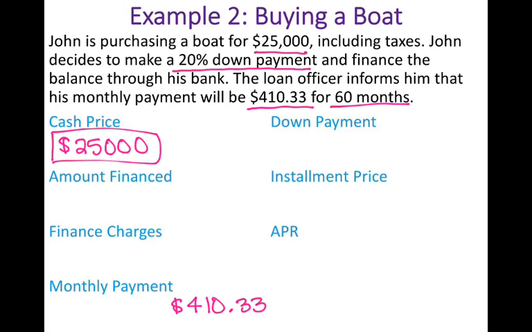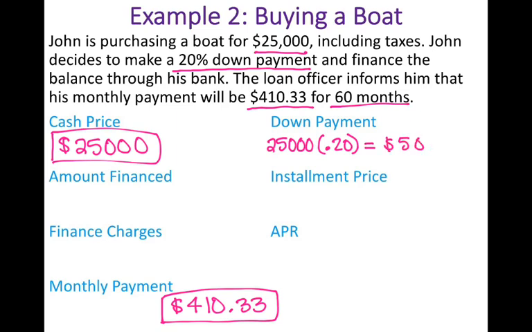And I can go ahead and calculate the down payment. So the down payment that he makes is going to be the $25,000 times the 20% down, but of course that needs to be a decimal, so 0.20. And let's go ahead and calculate that. So 25,000 times 0.2 gives us $5,000.